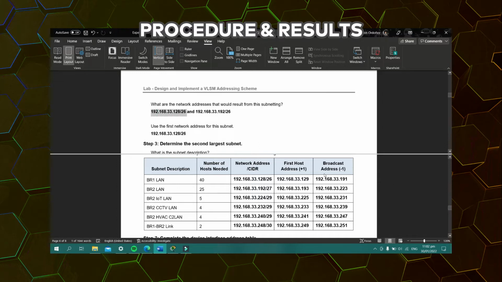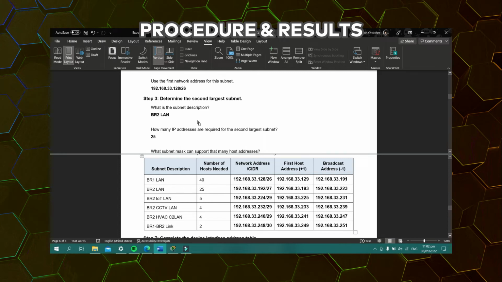This one. And for the first host address, we will just add 1 to the last bit. So it would be 129. And for the broadcast address, the last one, we will just subtract 1. So it would be 192.168.33.191.